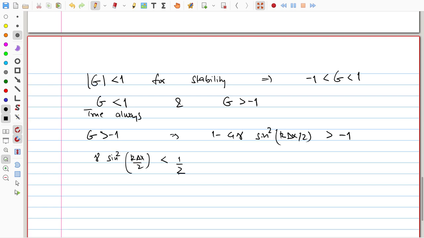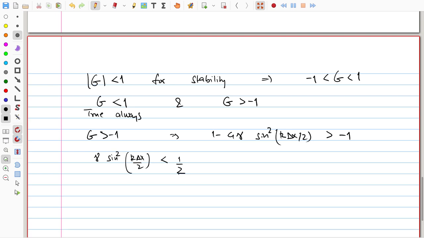That's what we said. We'll start with an arbitrary k and ensure that the condition is met for this arbitrary k. Now you're saying gamma times something has to be less than half. So the worst case scenario is when this something is equal to 1, because a sine squared can at max be 1. See, taking smaller values will give you conditions which may be true for some k values. If I say gamma times a small number is less than half, it could be true. But if your sine square k delta x is equal to 1, that's the worst case scenario.